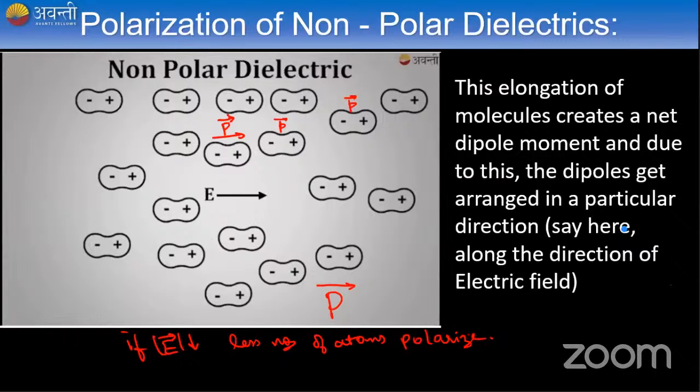Not all the atoms would polarize. Some atoms may polarize, some atoms may remain as it is if the magnitude of electric field is low.